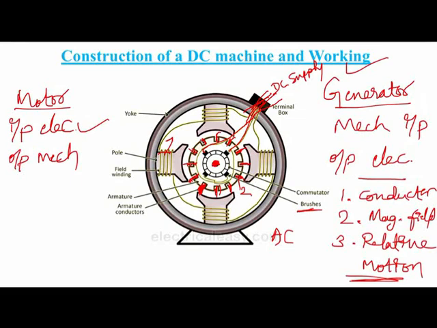So the interaction of both the fluxes will create a force on the conductor, thereby the conductor starts to rotate, the rotor also rotates, and the electrical energy is converted to mechanical energy. So that is the working of the DC machine as a motor. The same machine can be used for motor operation as well as generator operation.